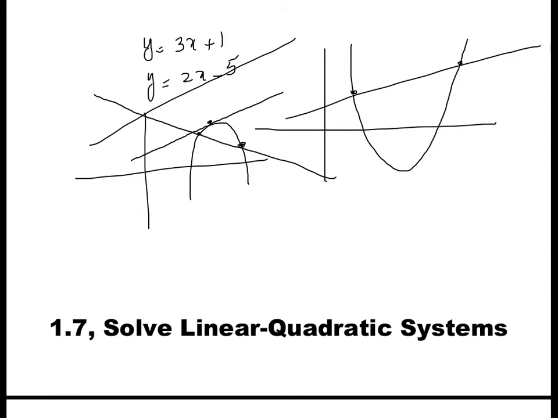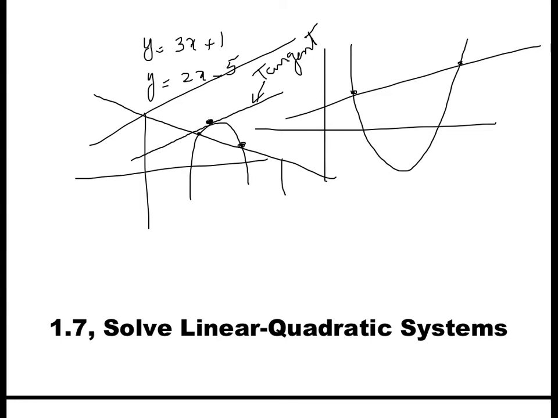Now, we have a special name for the line when the line and the parabola intersect only at one point. This line, in this case, is called a tangent line. So a tangent line is when it touches the graph only at one point, and this is the point.